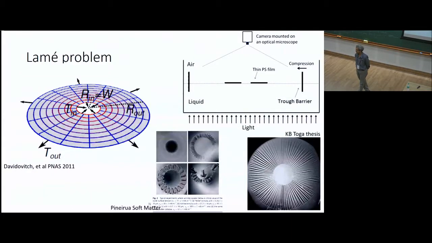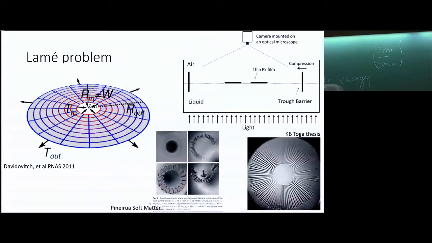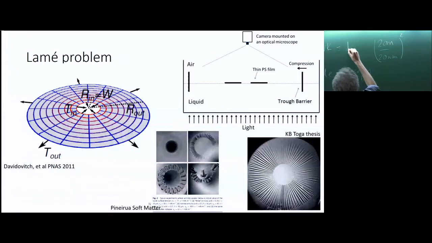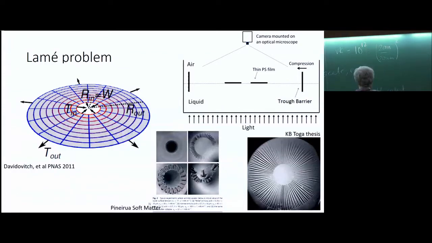So if you ask about the von Karman number that we're talking about all the time, let's do 2 centimeters divided by 20 nanometers, squared. Help me out, please. 10 to the 12? So these are von Karman 10 to the 12. In that range.